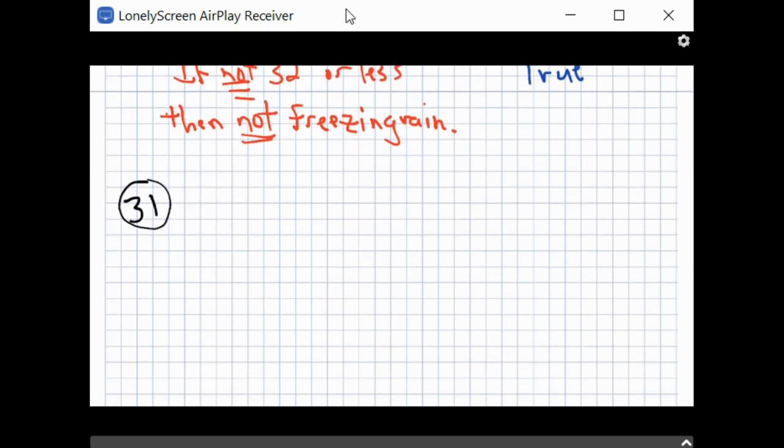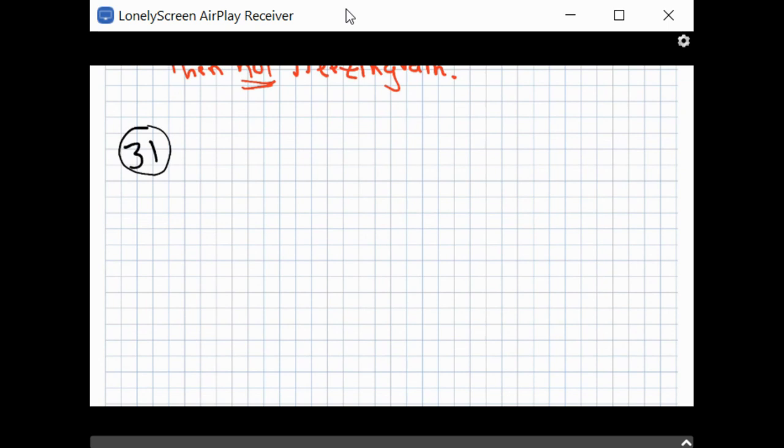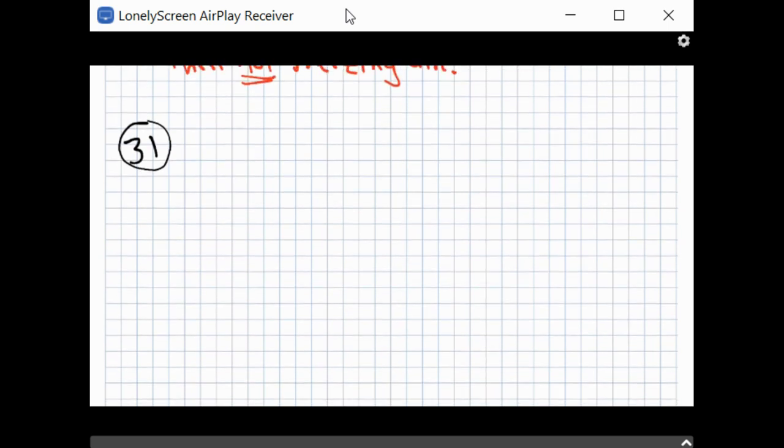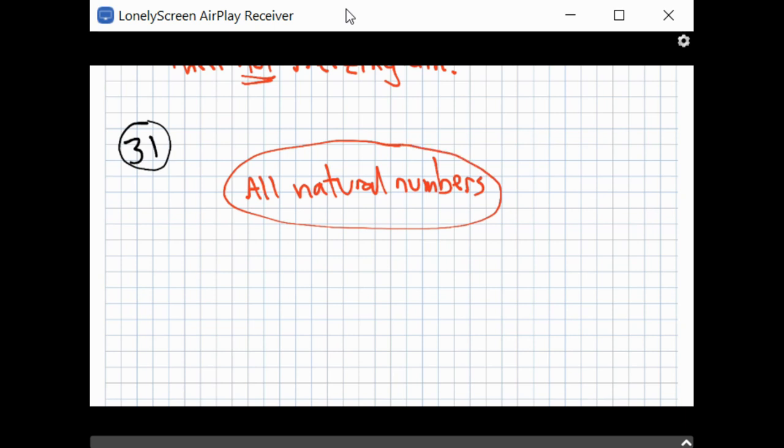31 is just an example of viewing the Venn diagram where it says all natural numbers are real numbers. Even if you don't remember what natural numbers and real numbers are, you can realize that the hypothesis goes in the middle. So that would be all natural numbers in the center, and that falls within the larger category of real numbers.